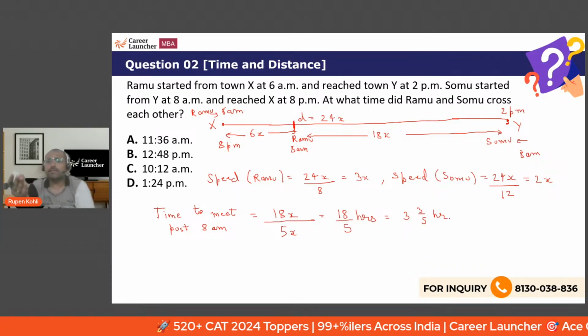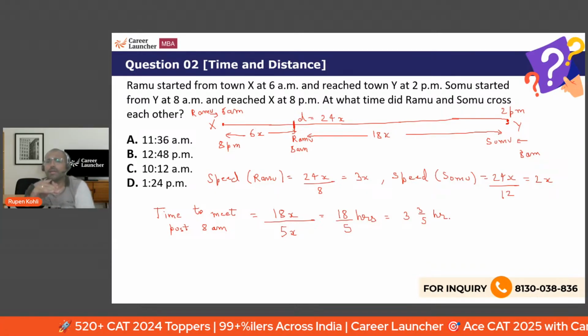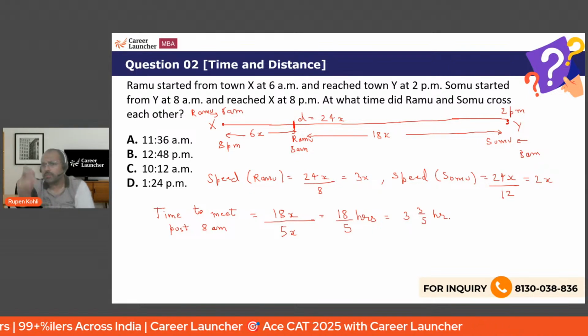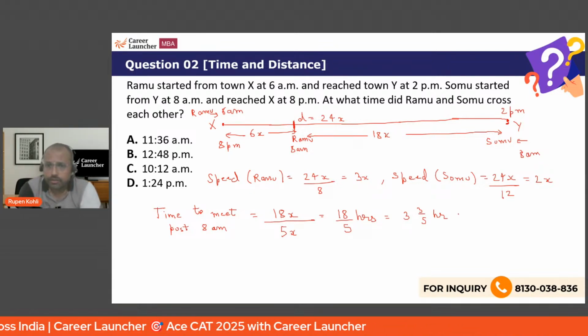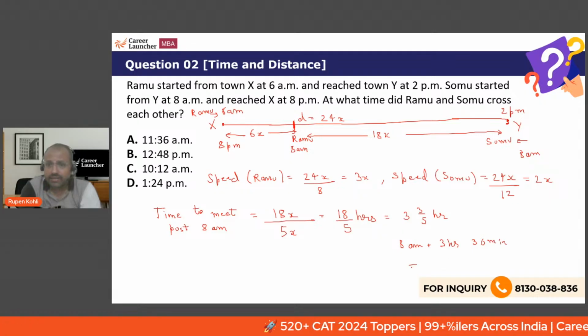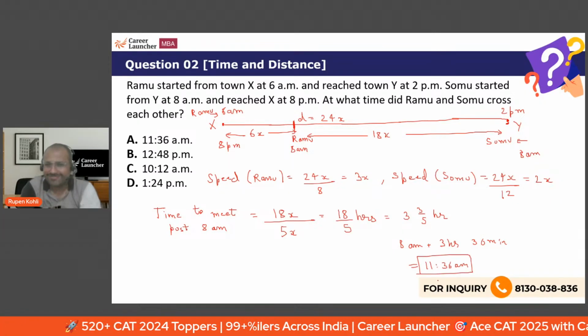8 a.m., 3 hours, 11 a.m. 3/5 of an hour: 1/5 of an hour is 60 by 5, 12 minutes, 12 into 3, 36 minutes. So this means they will meet at 8 a.m. plus another 3 hours and 36 minutes, which means this is 11:36 a.m. Right?